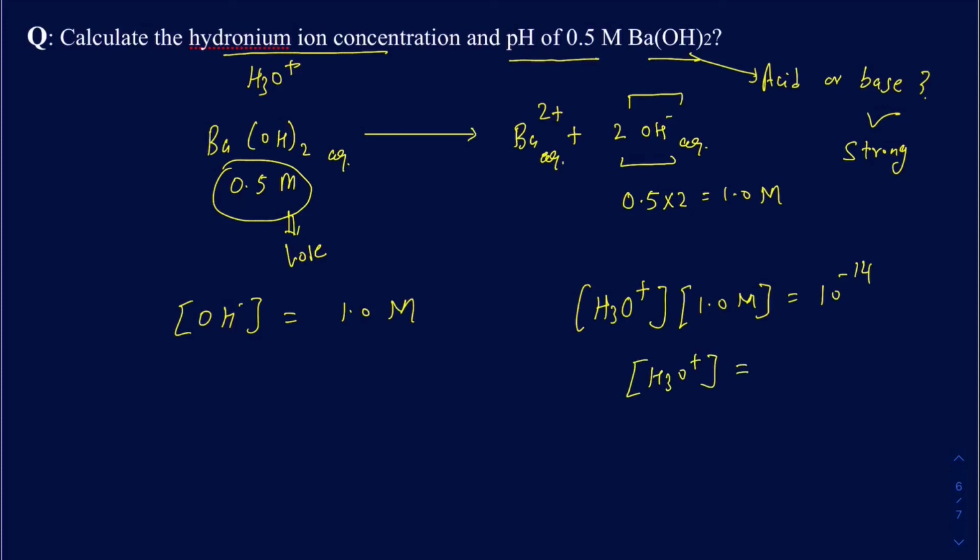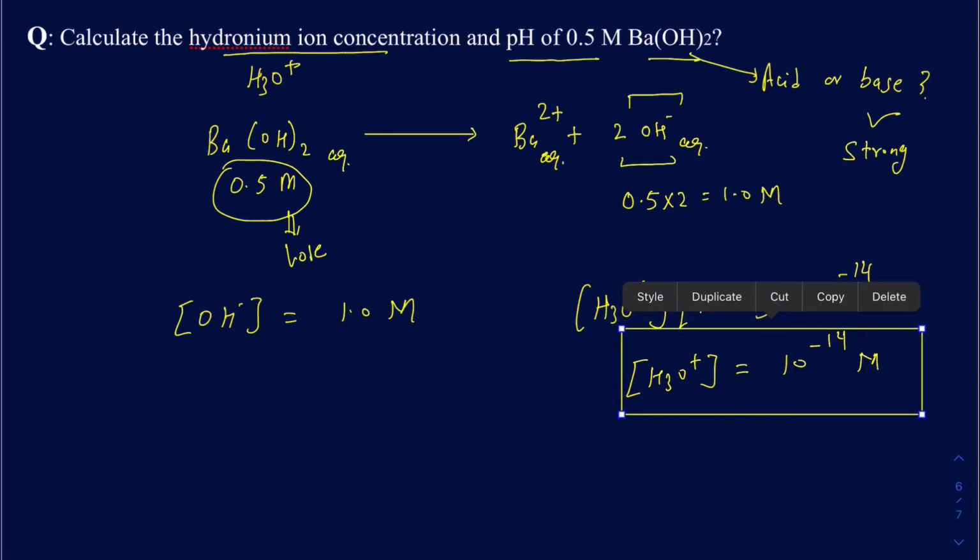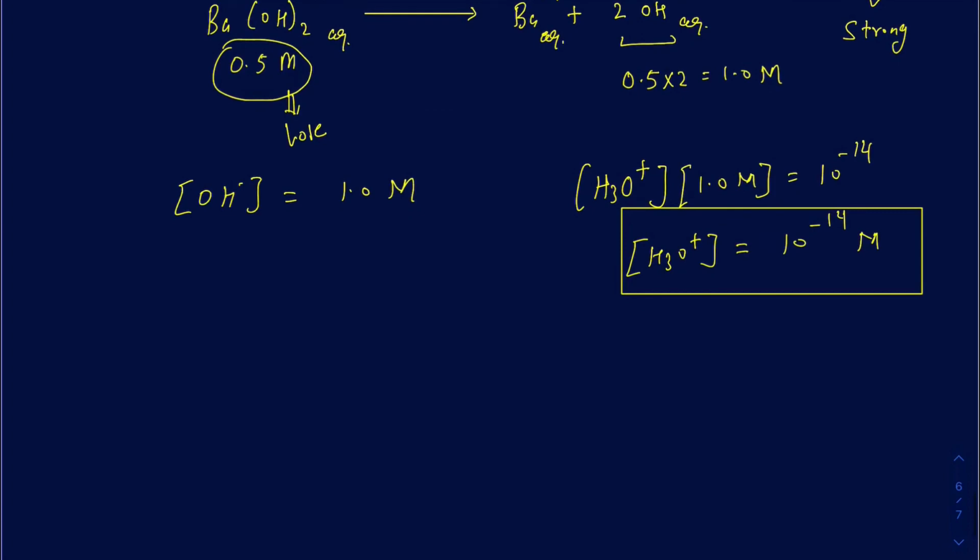So the H3O plus here is going to be 10 to the minus 14 divided by 1, which is still going to be 10 to the minus 14. So that's one of your answers here. And obviously, once you know that, you can literally calculate the pH here. I can do pH equals negative log of 10 to the minus 14, which is going to come out to be 14. So it's very basic in nature here.